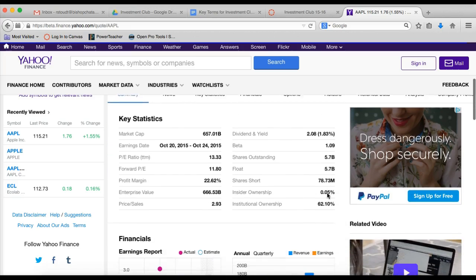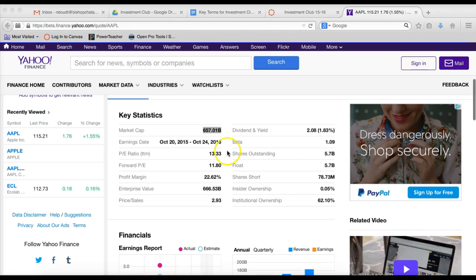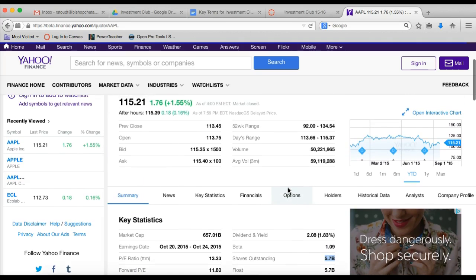Some of the other things that I wanted to point out down here: market cap. Market cap is going to give you an idea of the size of the company. To figure out market cap, they take the number of shares outstanding, which is also listed right here, 5.7, that's a B for a billion. 5.7 billion shares, meaning that there are 5.7 billion tiny little pieces of the big apple pie, no pun intended, times the price.